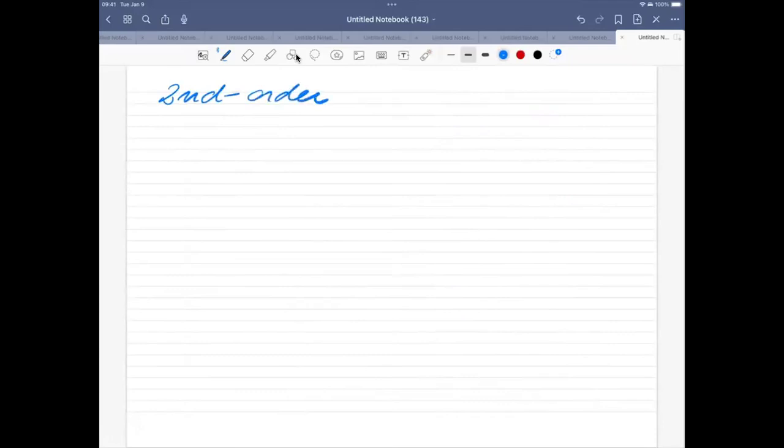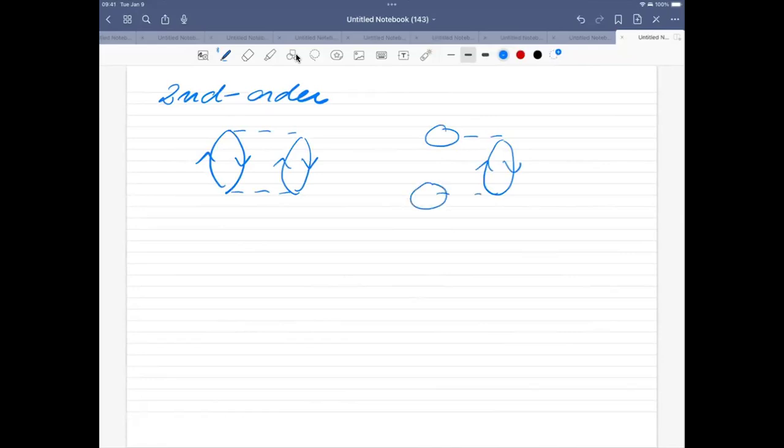So to second order, we can draw these diagrams in either the particle formalism, which is not very convenient. We would then end up with two contributions. And this contribution here is the one which represents a two-particle, two-hole excitation. And then we have the other one, which represents a one-particle, one-hole excitation.